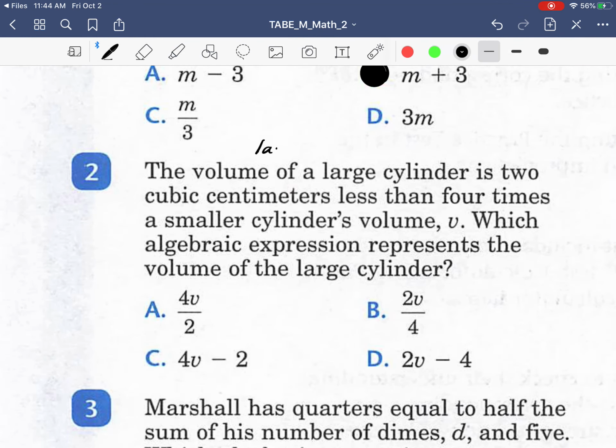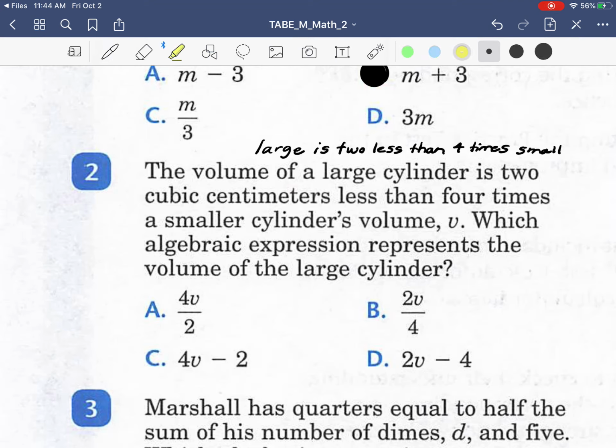It says the large cylinder's volume is 2 less than 4 times the small. I'm putting this in my own words.